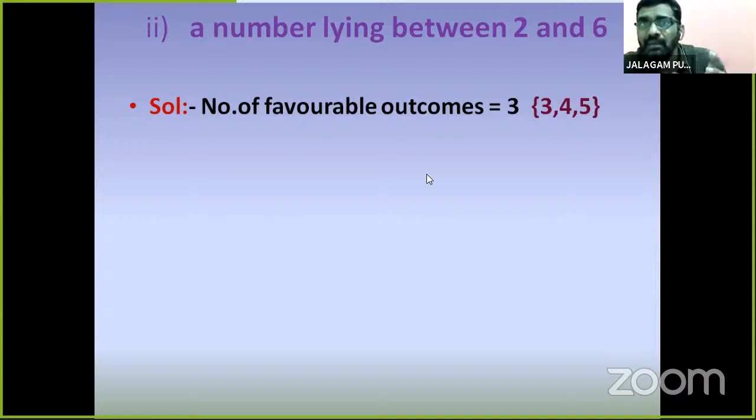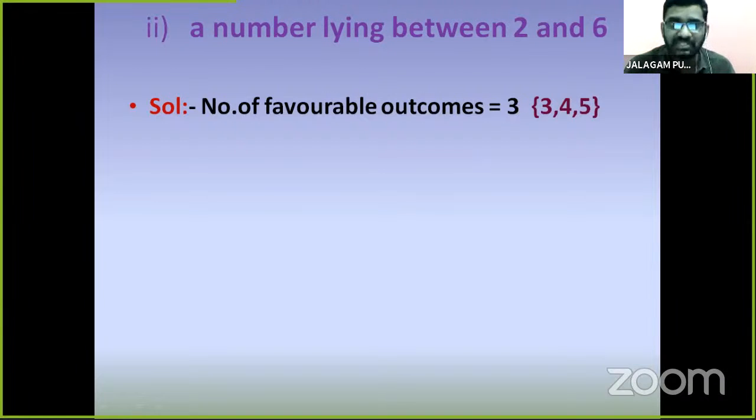Among these, we want the numbers lying between 2 and 6, 2 above, 6 below. So how many favorable outcomes? 3, 4, 5. The favorable outcomes are 3.